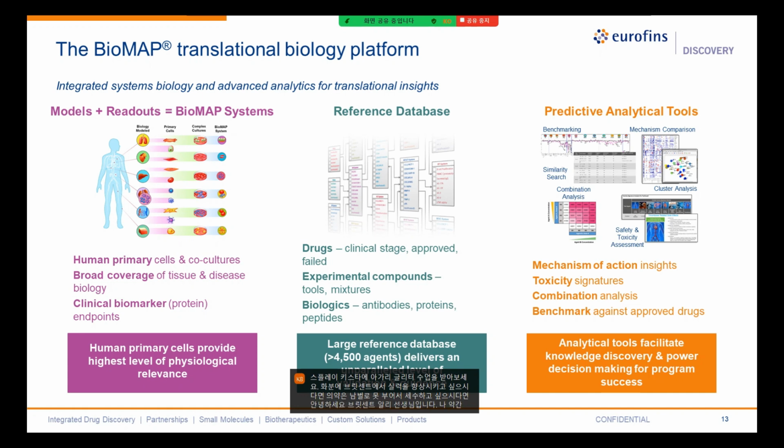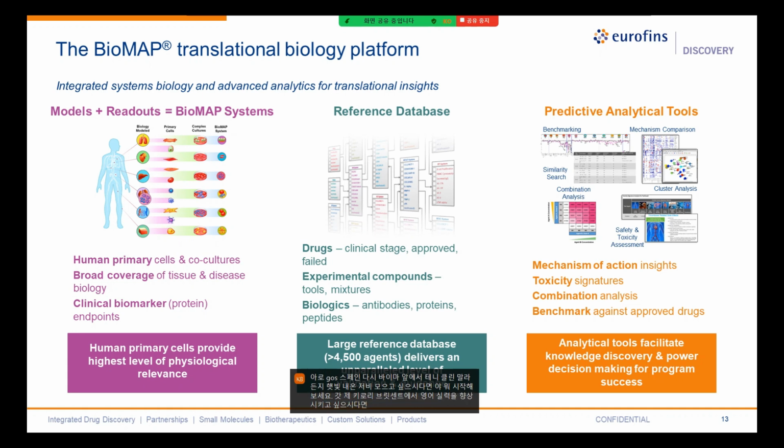They are comprised of human primary cell types in co-culture, and we measure a variety of biomarkers from those models when stimulated with physiologically meaningful stimuli that model the biology or disease being examined. Those biomarkers are clinically relevant and have been known to be modulated in clinical settings. What makes the BioMap platform particularly powerful is the huge reference database we have.